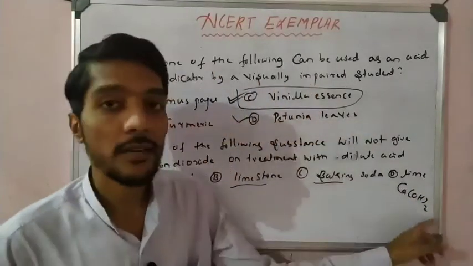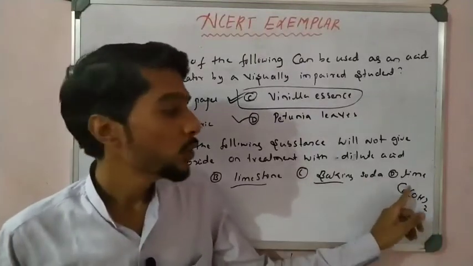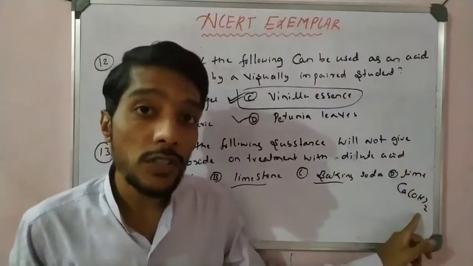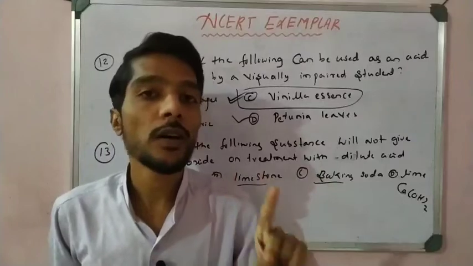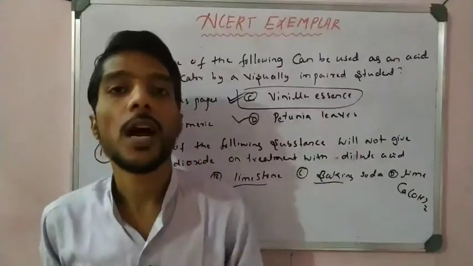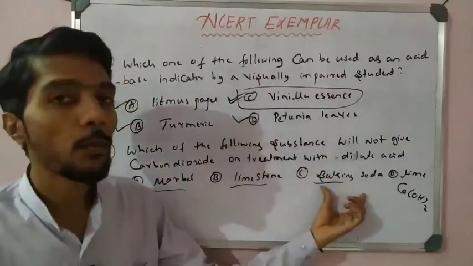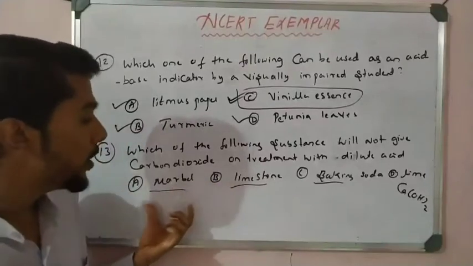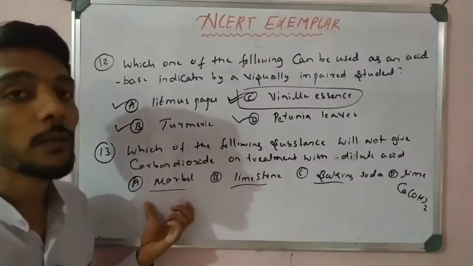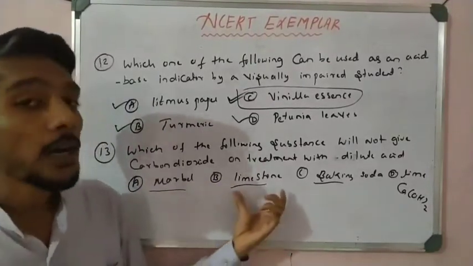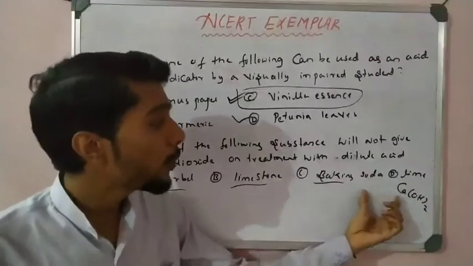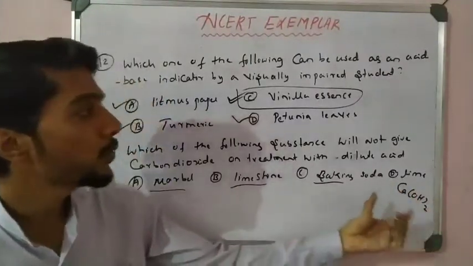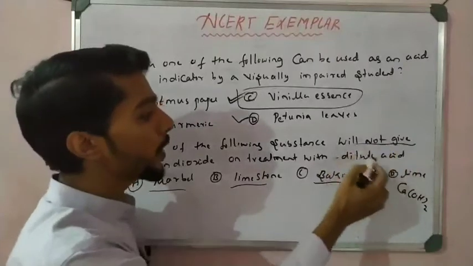There is no carbonate here, so there is no possibility of formation of carbon dioxide gas. So marble can produce carbon dioxide because of the carbonate compound, but lime water does not give it.